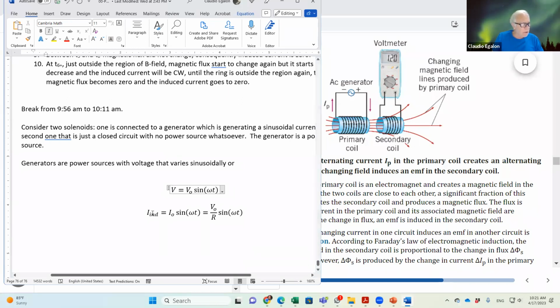I'm going to put V so you don't mix it up with the induced current in the secondary coil. We'll do it this way.